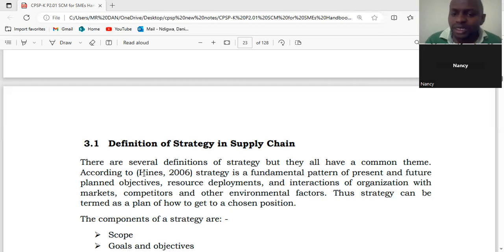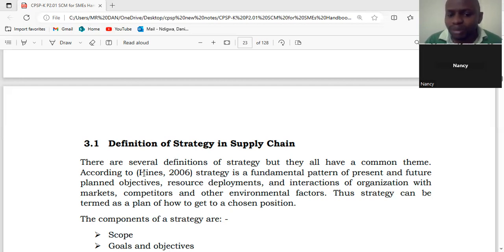So we are saying it is a fundamental pattern of the present and future planned objectives. So you must have planned for these objectives in the present so that they will help you in the future.